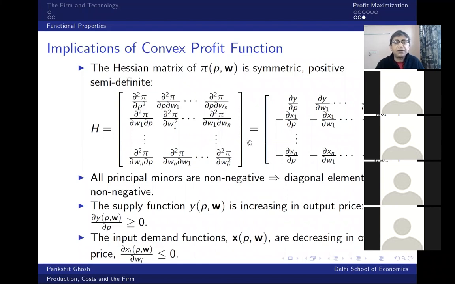But often in markets, entry and exit are possible. New firms can come in if there's a lot of profit opportunity in the market. And if the firms are making losses, then some of the existing firms may quit. So there's another layer of analysis that we can do where we allow endogenous entry and exit of firms.